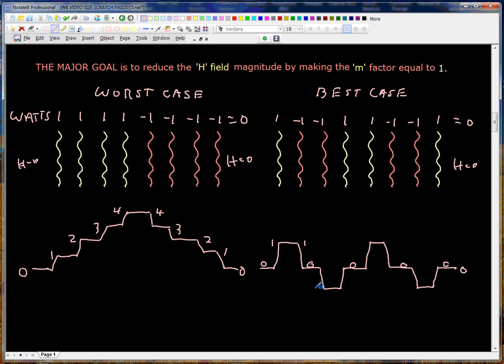Just keep that in mind. So it's 0 to 1, 0 to 1, 0 to 1, 0 to 1 again, and finally 0 to 1. Now, here's the definition of M. All of these numbers are the M factor.